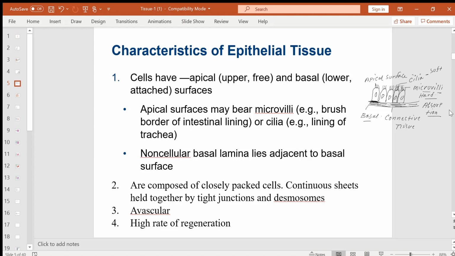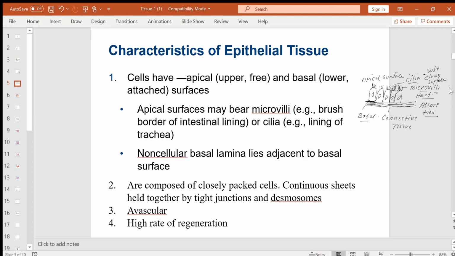However, cilia beat to clean the surface. So cilia are used to clean the surface. Although both are hair-like structures, they are structurally different. One is a hard kind of hair and the other is soft, and their functions are also different.